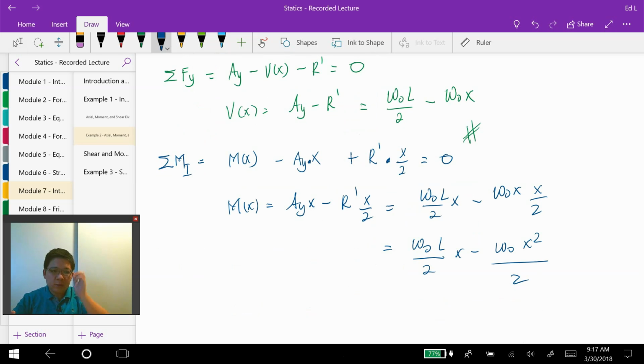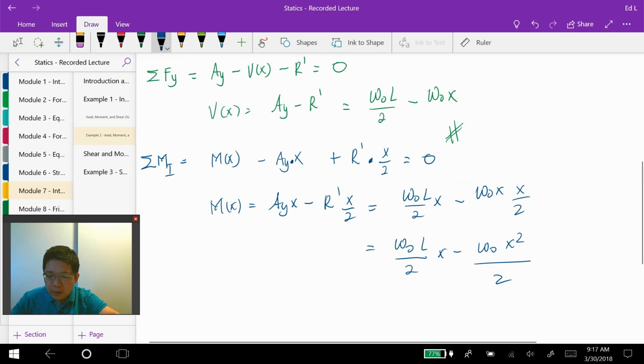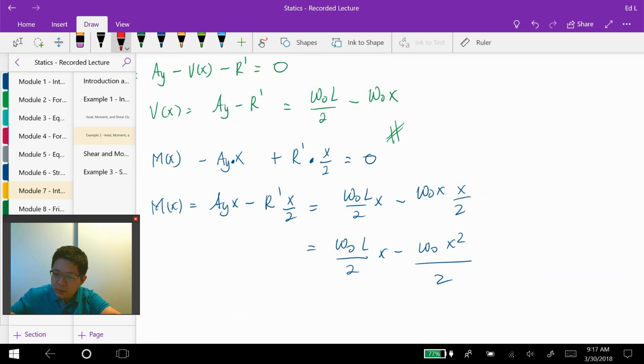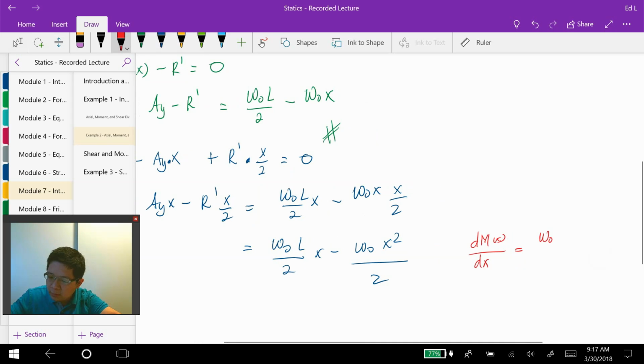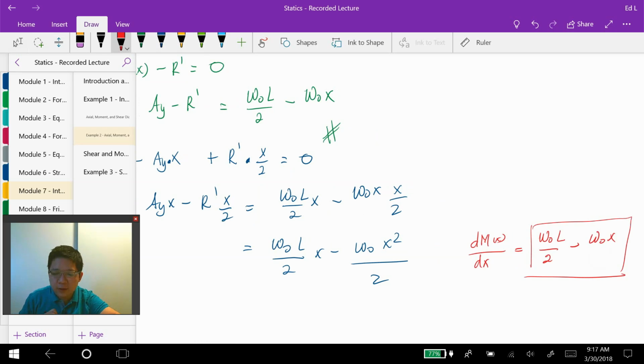One thing I would like to mention is that when you take the derivative of the moment with respect to x, you will obtain w naught L over 2 minus w naught x. And guess what? This expression is exactly the same as the shear.